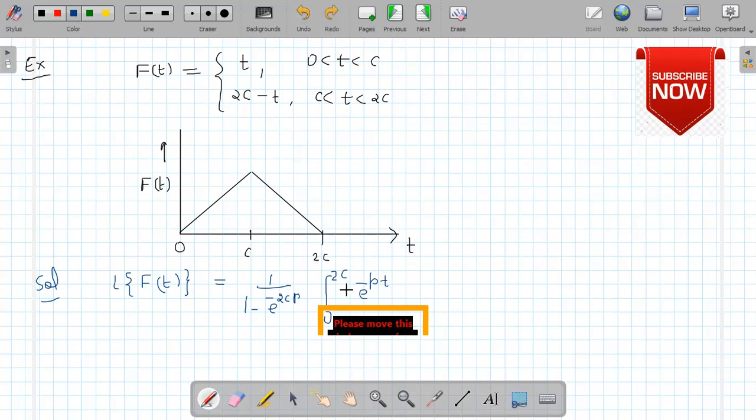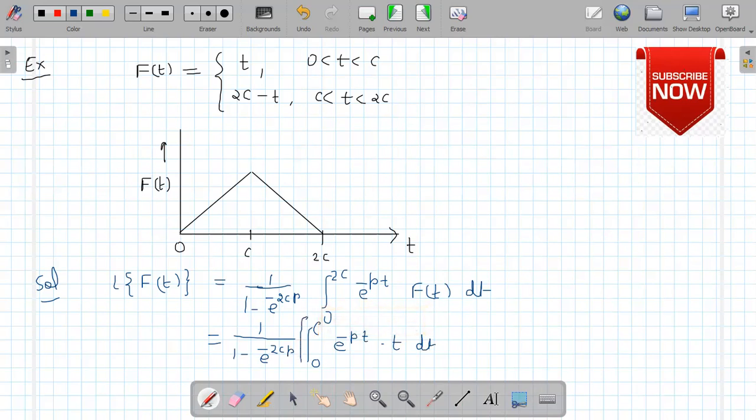For 0 to 2c, the function is split into two parts, so we have to put here f of t, and then we split this limit from 0 to c, and then from c to 2c. So we split this integral into two parts: 1 upon 1 minus e to the power minus 2cp, integral 0 to c, e to the power minus pt into t dt.